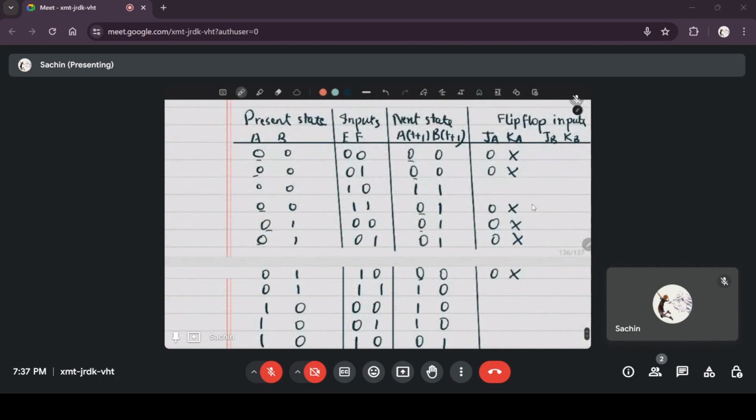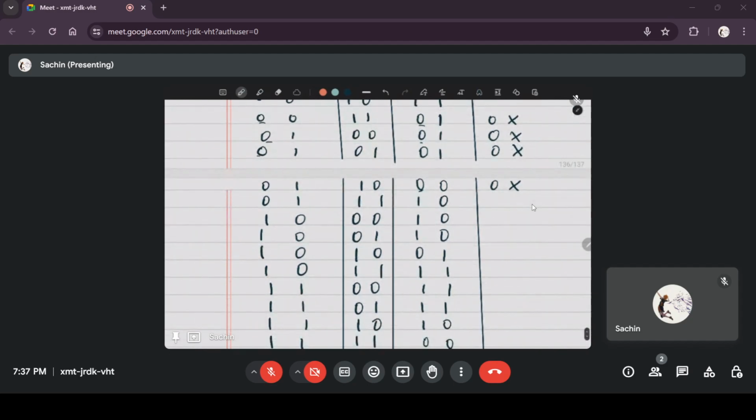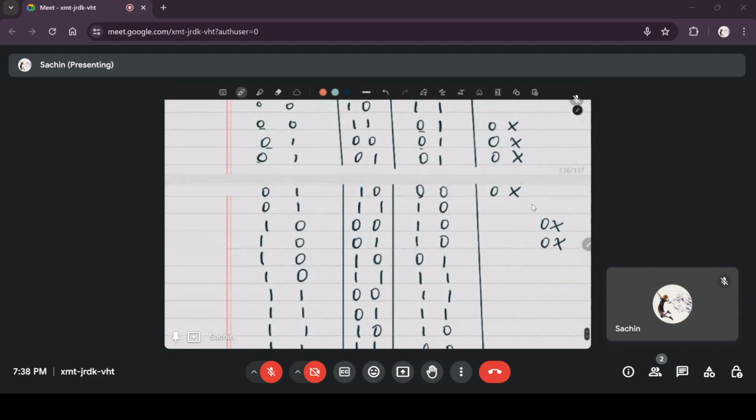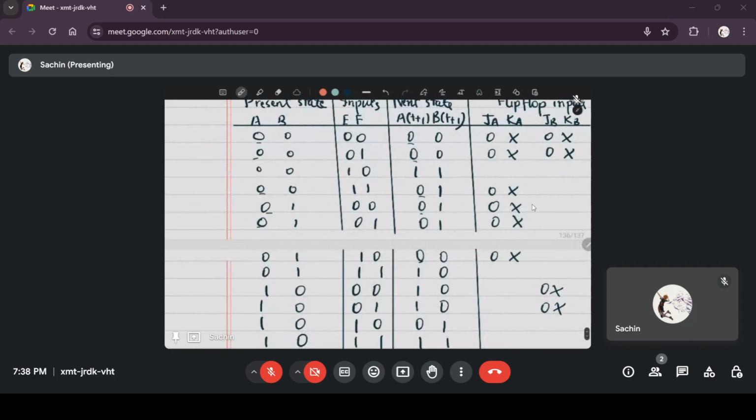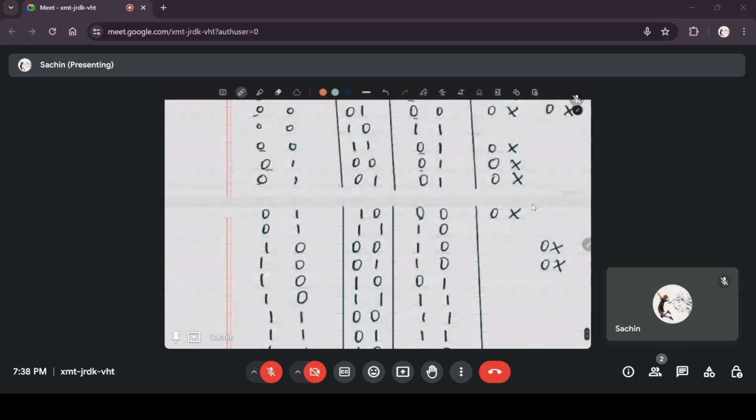For the B flip-flop, you have 0 to 0 in the first two places, and 0x is there.